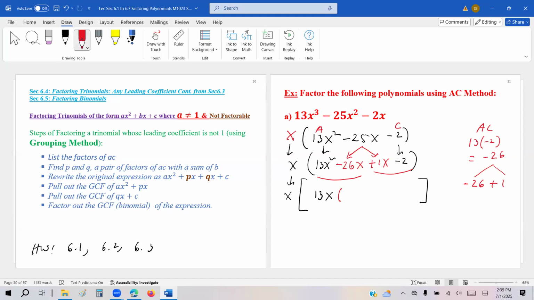So what remains in the first group? We have 13x squared minus 26x. We pulled out 13x, so we have x and then minus 2. If you're confused, look at this. We have 13x squared and we took out 13x, meaning we're dividing by 13x. 13 cancels out. In division, we subtract the power, so 2 minus 1 is 1. So you're left with x.